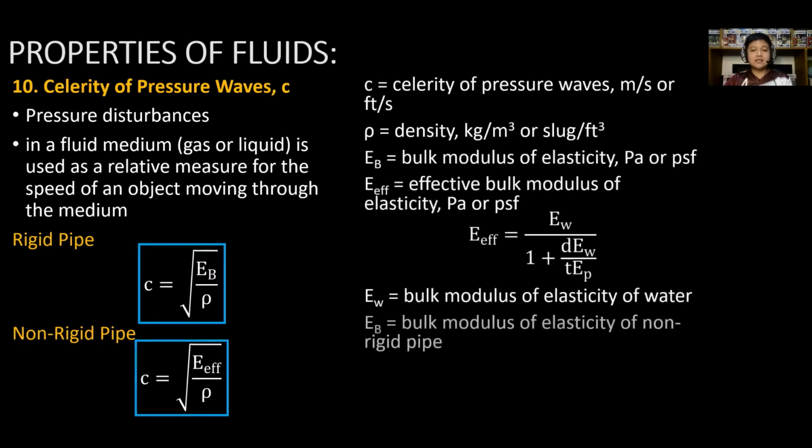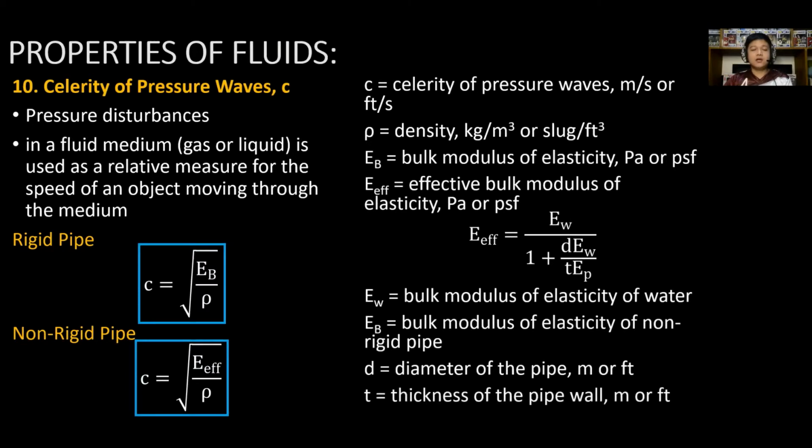So c, as the celerity of pressure waves, will have the same unit as velocity, that is meter per second or foot per second.